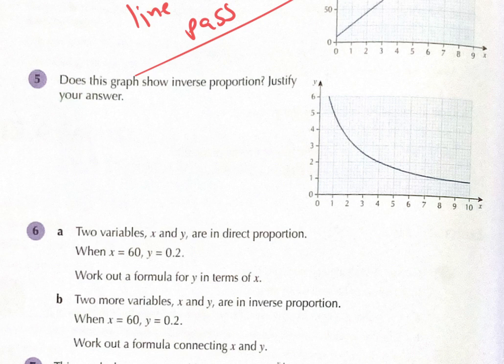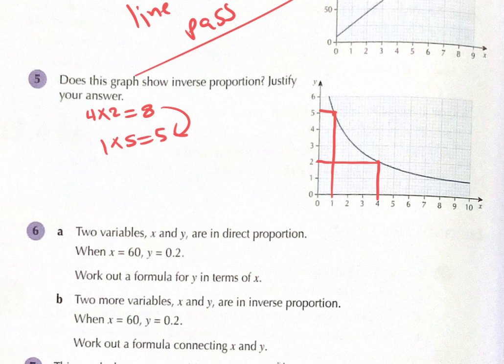Now, for example, if we take this point, x equals 4, y equals 2. If you multiply them, 4 times 2 equals 8. Now for this point, 1 times 5 equals 5. So we have different products.